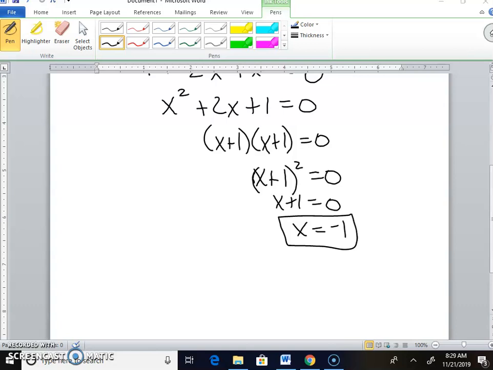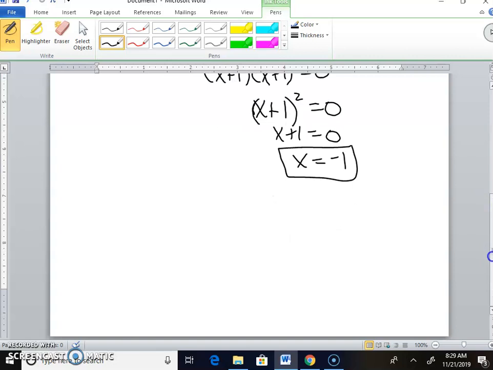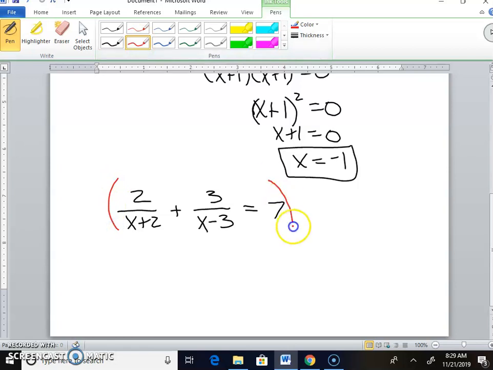Okay, just one other one, and we're not going to work all the way through it, but you can see a problem that looks like 2 over x plus 2 plus 3 over x minus 3 equals 7. If you were working out a problem like this, the common denominator would be x plus 2 times x minus 3, and that would have to distribute to everything.